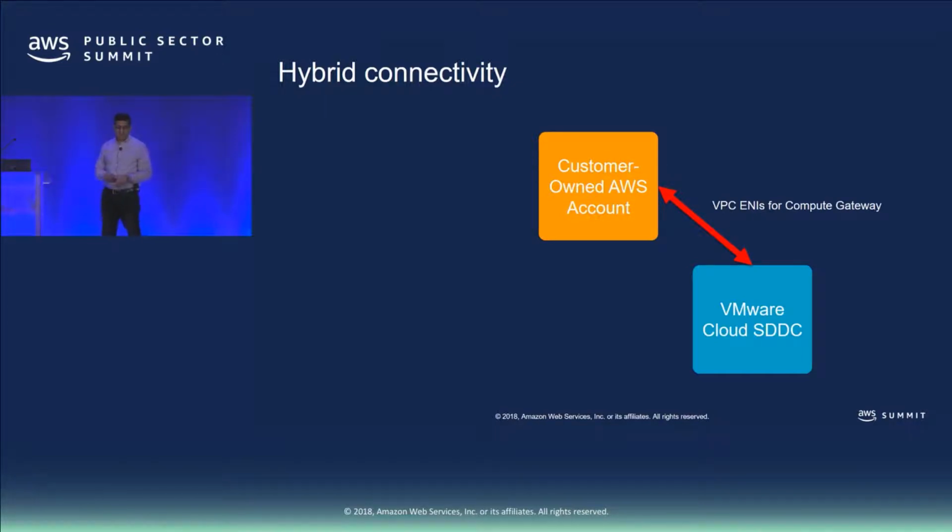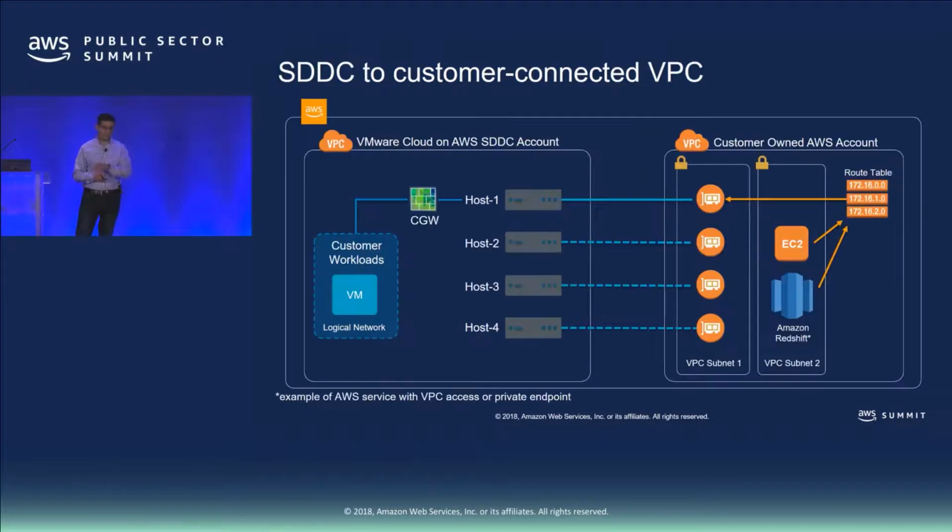So now let's talk about the connectivity. The first connectivity model we want to touch on is my VMware SDDC to my AWS account. This is what we showed earlier, but focus on the connectivity from the private part, utilizing the route table.